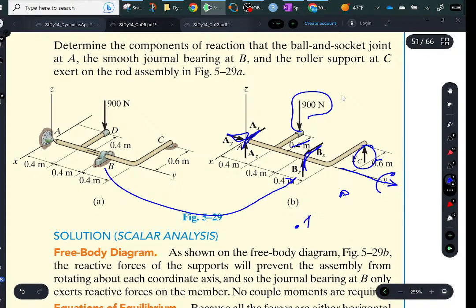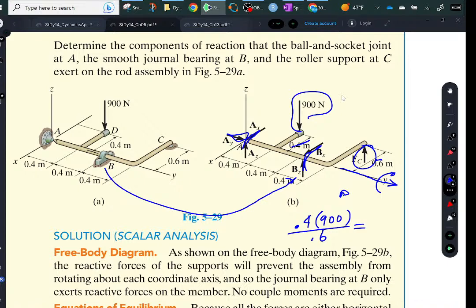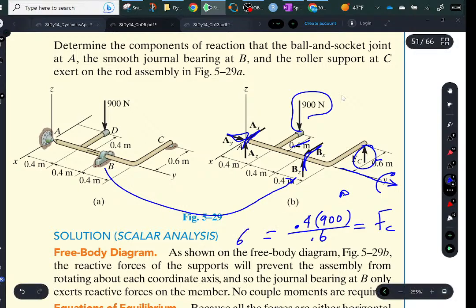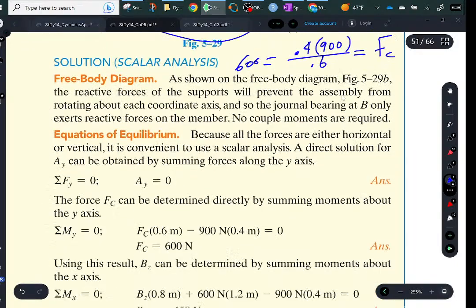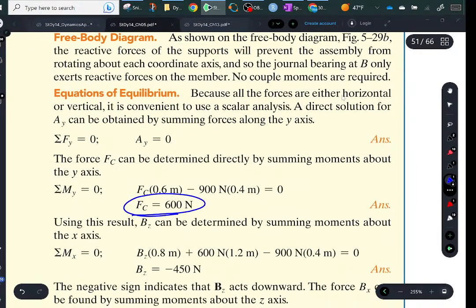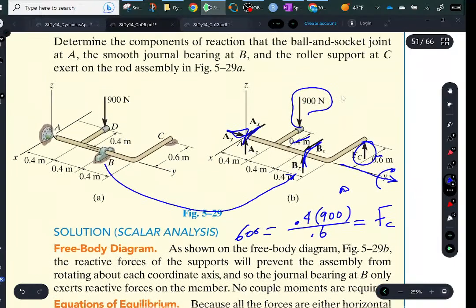So 0.4 times 900 divided by 0.6 is going to tell you the actual FC. And if this thing works, earlier it wasn't working quite right. So if you look at that thing, it says that's 600. So let's go down and see, is it 600? Yeah. So you can determine that one straight off.